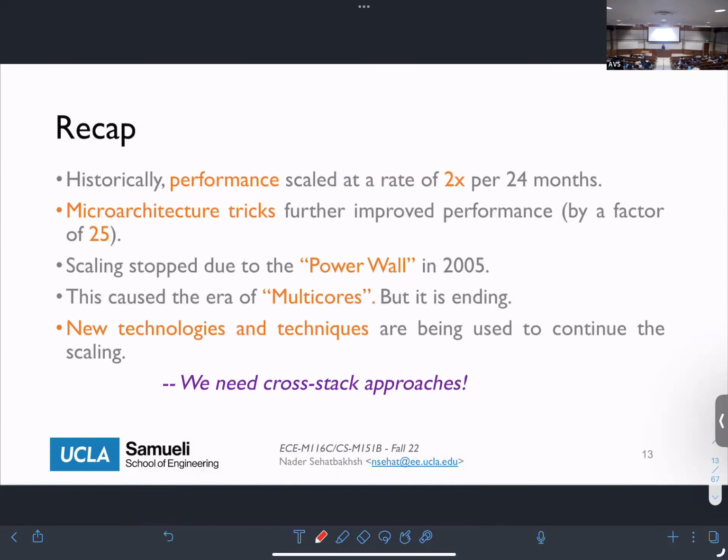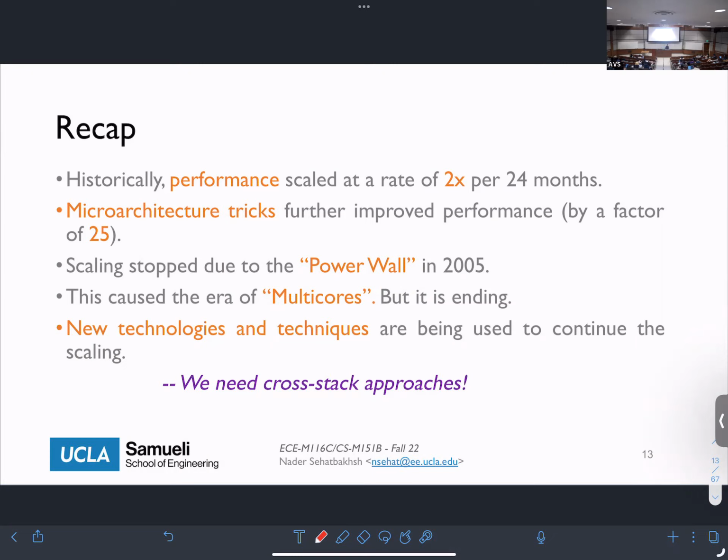Okay. So to just recap, we managed to increase the performance at a rate of 2x every 24 months for the past 40-50 years. We use lots of microarchitectural tricks that I extensively talk about in this course, and that helps us to improve this even further by a factor of 25, in fact. We hit the power wall, and then we added multi-core systems.